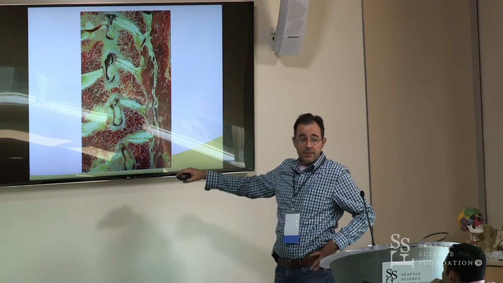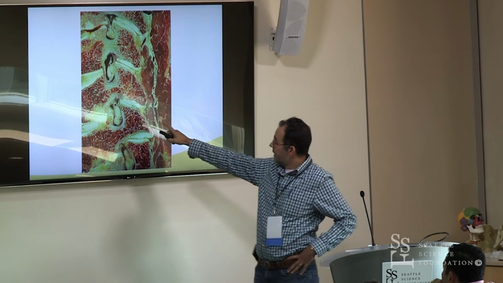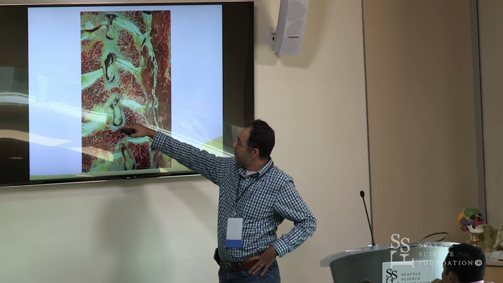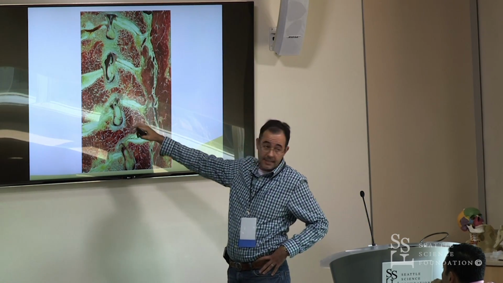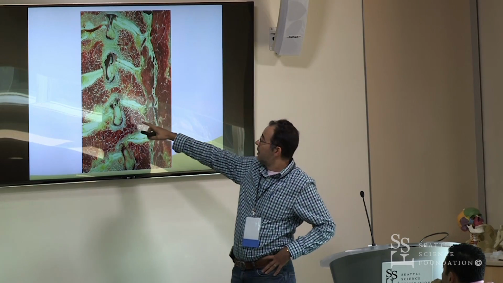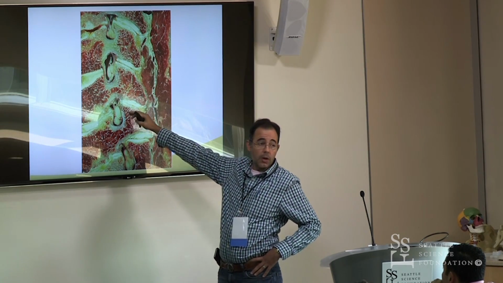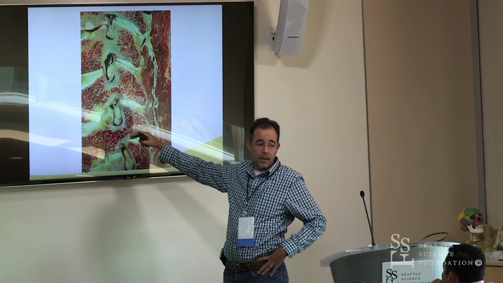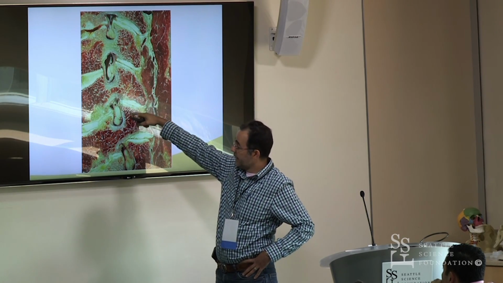The other important thing to look at in this slide is the fact that, very often when the disc space collapses, the neural foramen is on the more caudal aspect of the interspace.